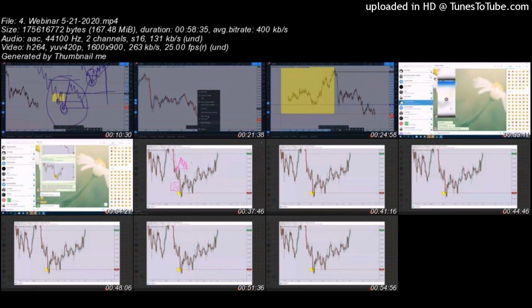Then we'll go to the second phase, which is really a short one, where we'll just be talking about channels. Then after that, we'll go to your last phase, where we will look at top-down analysis.